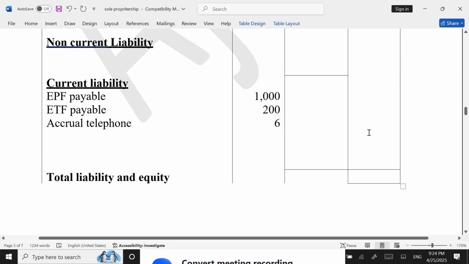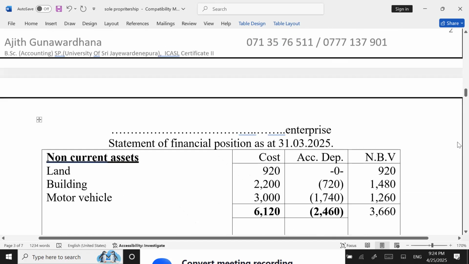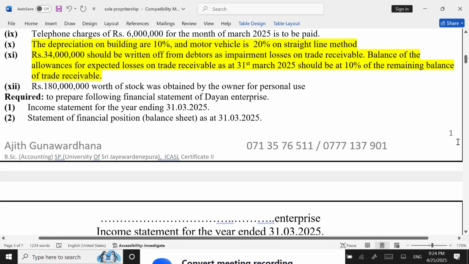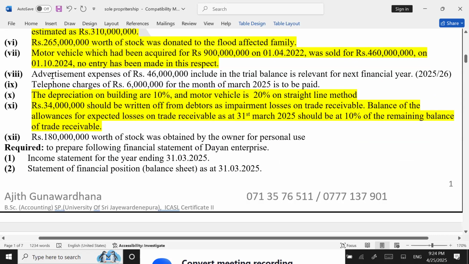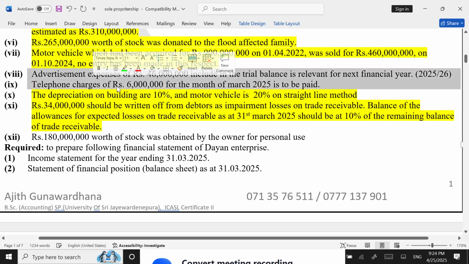Then the next adjustment. First, try to complete the adjustments. We are going to discuss how to prepare the financial statement based on the trial balance. Additional information 8 and 9 we have already discussed.